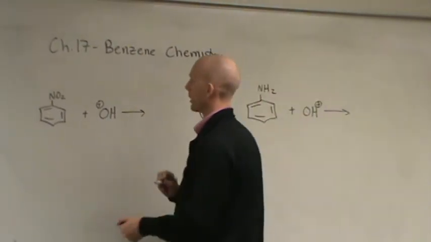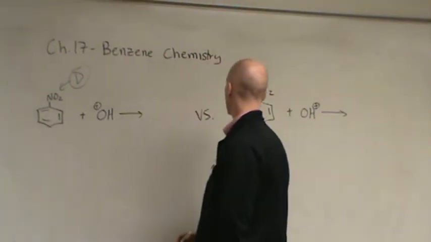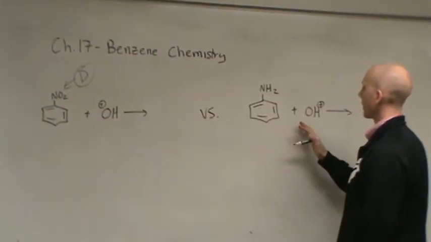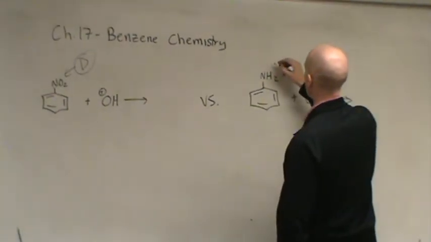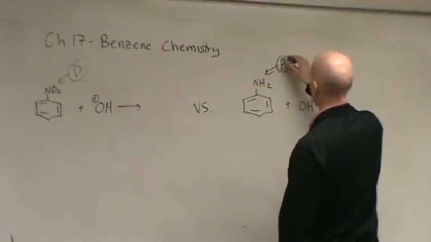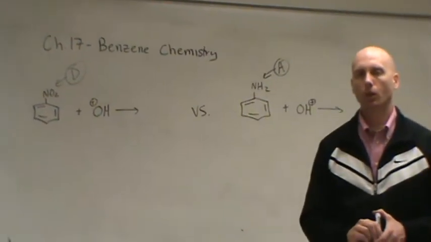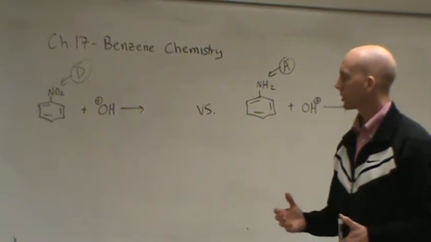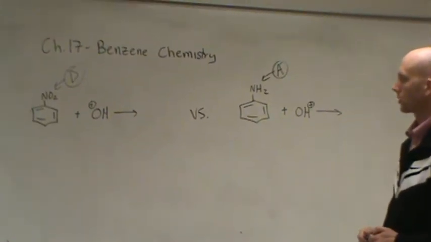And remember the nitro group is a deactivator. Over here, I'm going to choose aniline, which is an activator, and look at it reacting with OH plus. What is the major difference between these two reactions?